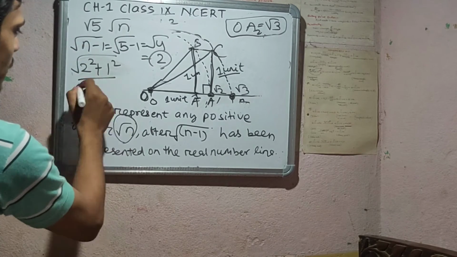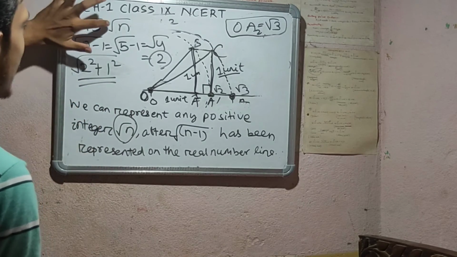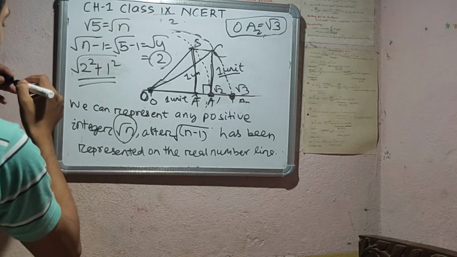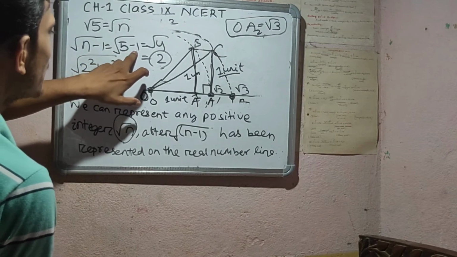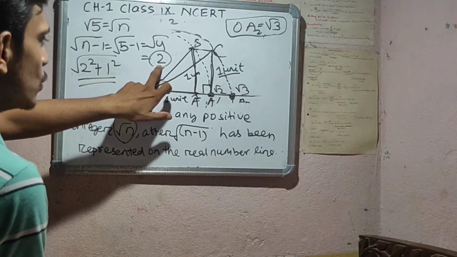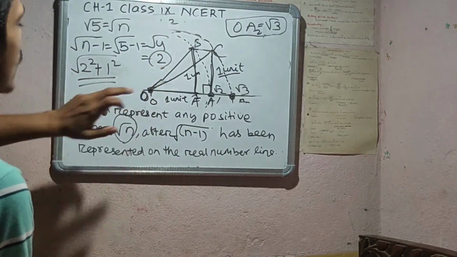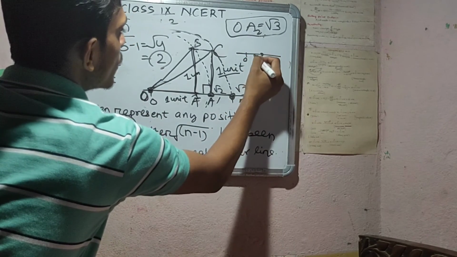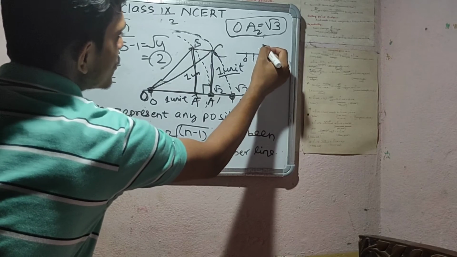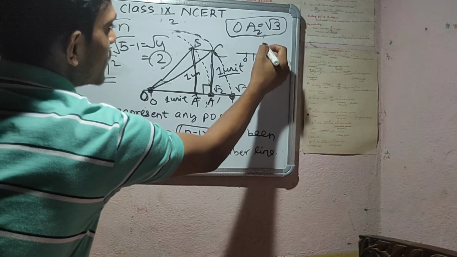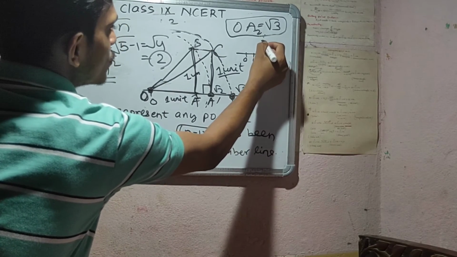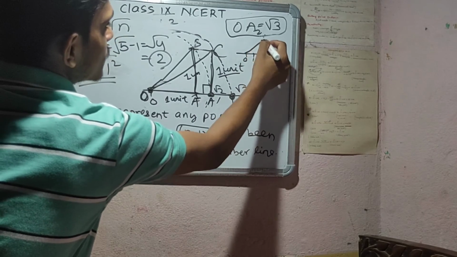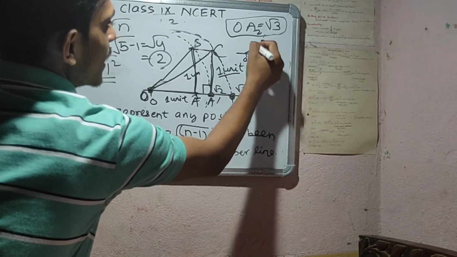If n equals 5, what is the value of n minus 1? That is 5 minus 1, that is 4, whose root is 2. So on the number line, here 1, here 0, here 1, here 2. So where is root 5? This is 2 and this is 1 and this is root 5.